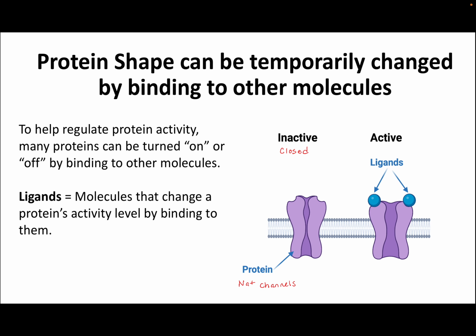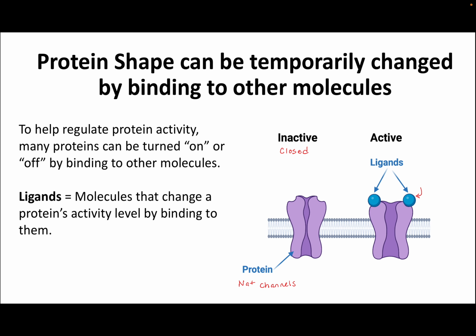Its shape is in a way where it can't complete its intended function, which is to act as a channel for sodium. However, when the correct ligands bind, there is a small change in the shape of that protein, and it changes in a way that the channel is now open and the sodium can travel through it.